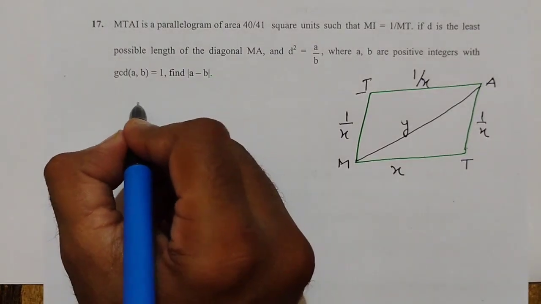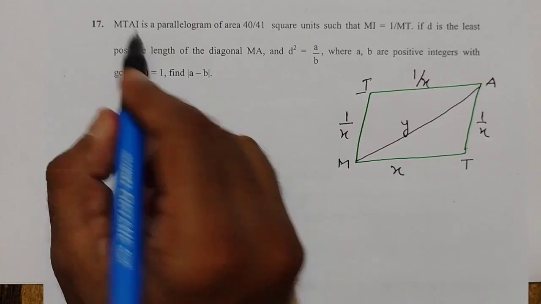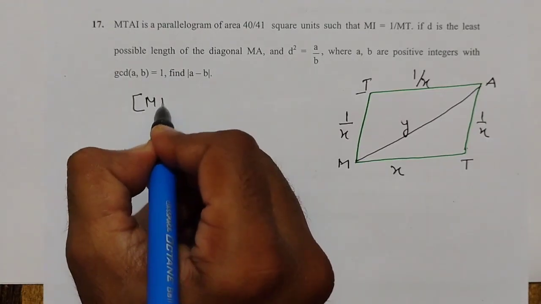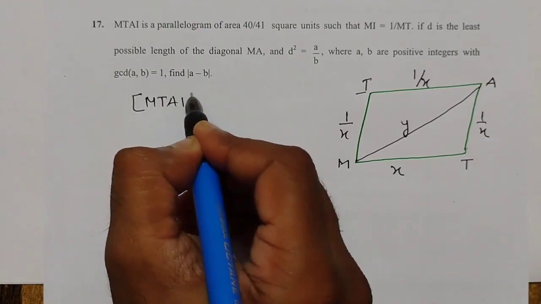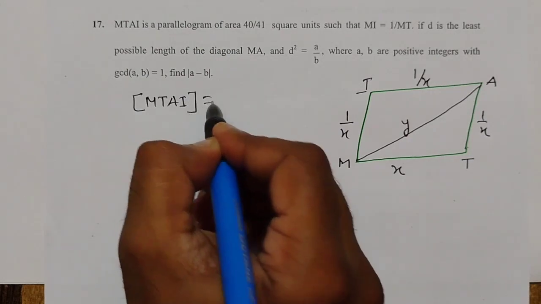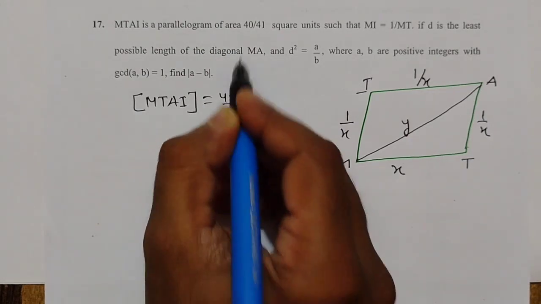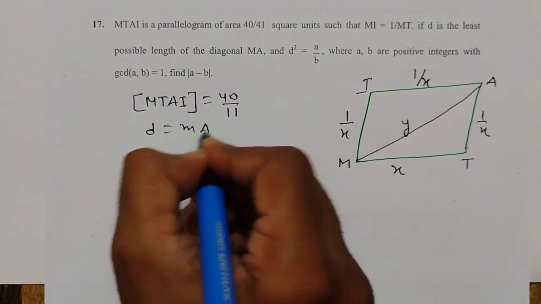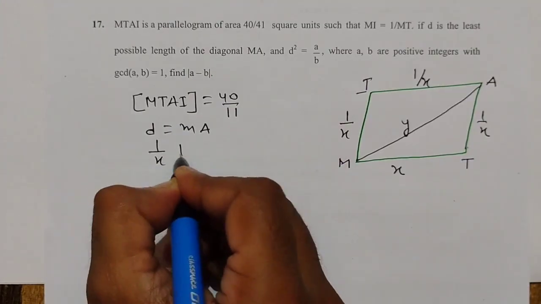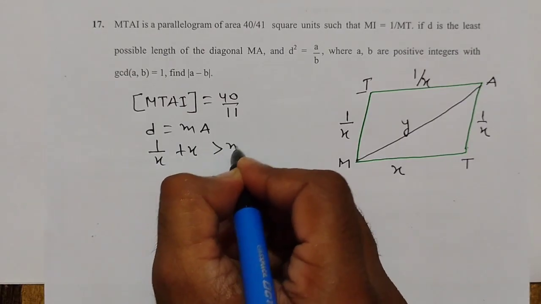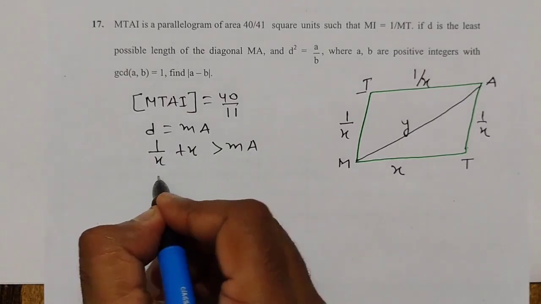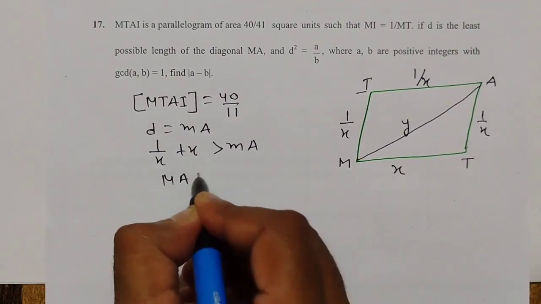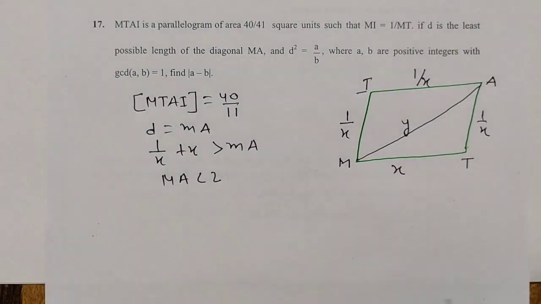Now we have the area of parallelogram MTAI is equal to 40 by 41 as given in the problem. Now D is equal to MA, and 1 by x plus x is greater than MA, and MA is less than 2.